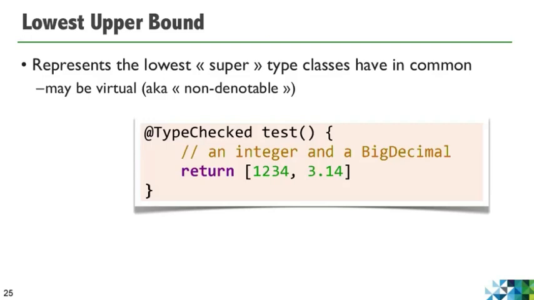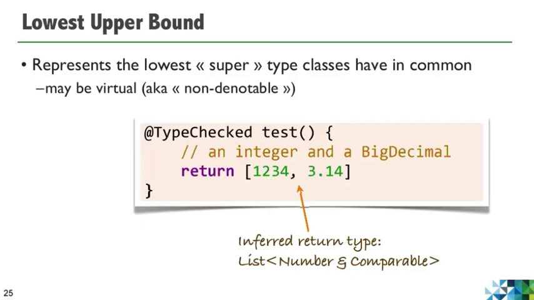So we could think of the common type for that value to be a list of numbers. But actually, although the base Number class doesn't, both numbers also implement Comparable. So the actual return type is a list of something which is a Number and is as well a Comparable.